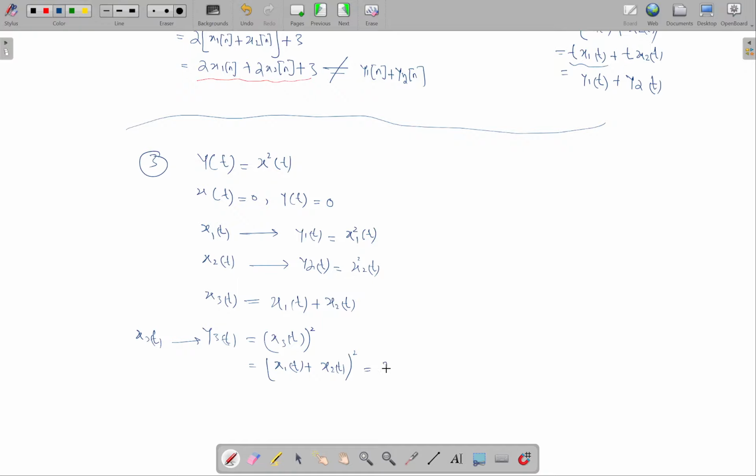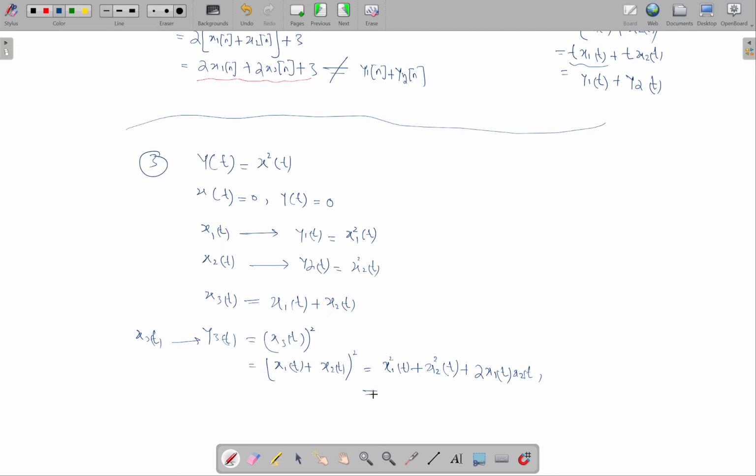If I open it up, I'm going to get x1 squared(t) plus x2 squared(t), and then there is going to be a third term, which is 2 x1(t) x2(t). It's the formula of (a plus b) squared.